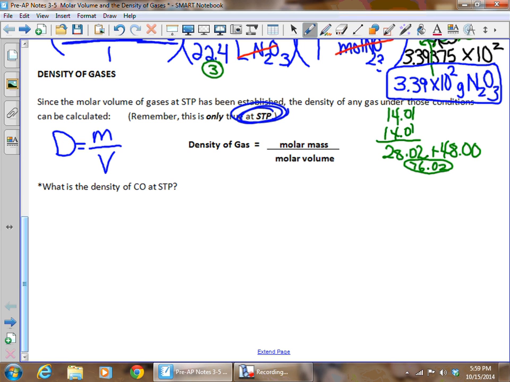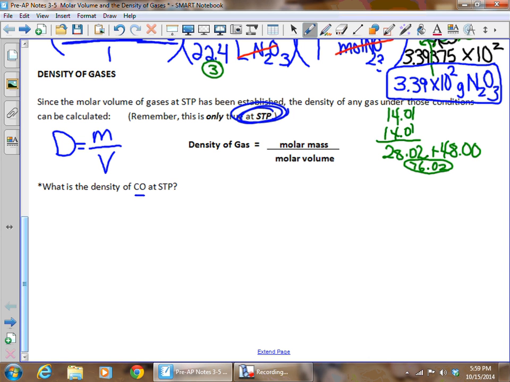That's going to give us our density. So no matter what the gas is, if we know molar mass and we do know molar volume at STP, it's a standard, it's a constant, 22.4 liters per mole, then we can find the density.